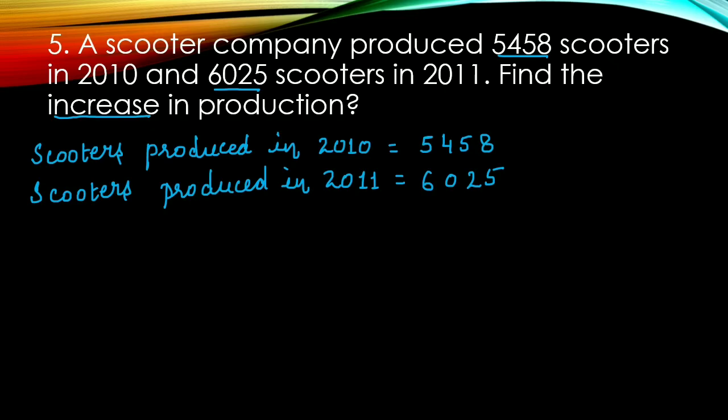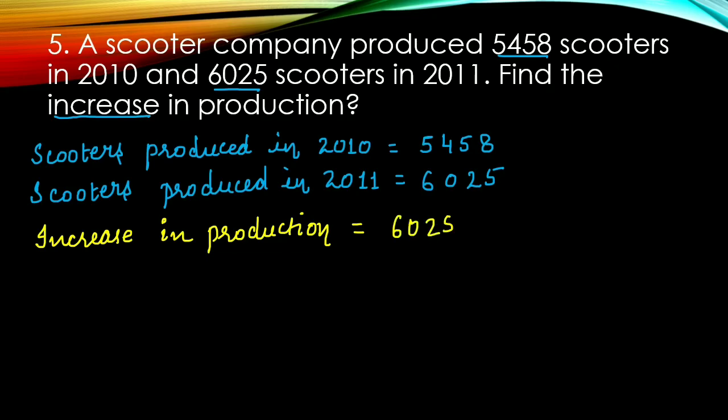So we have to find out the increase in production. That will be equal to 6,025 minus 5,458. So write them in columns. 6,025 minus 5,458.